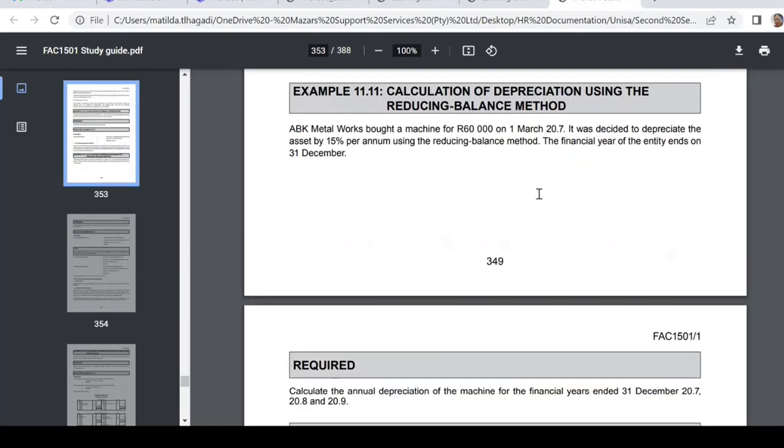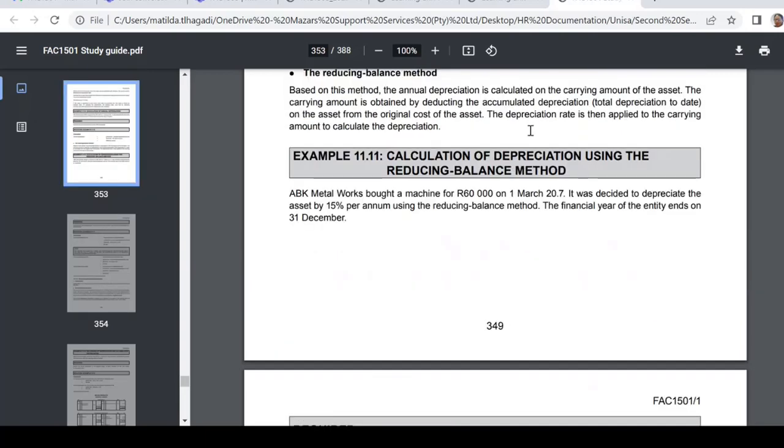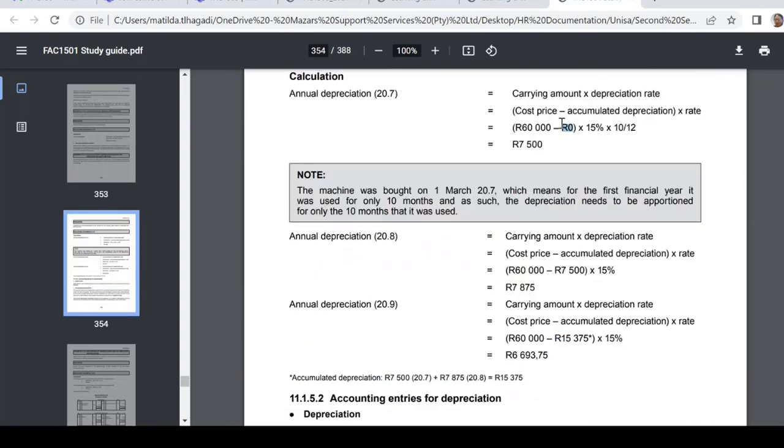Because it was bought on the 1st of March, we're going to depreciate it to the end of December, which is our financial year end. So we're going to depreciate it for how many months? 10 months, yes, because we only bought it on the 1st of March, not in January. So it's not the full 12 months. That's why we multiply by 10 divided by 12.